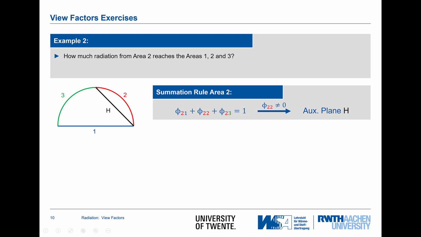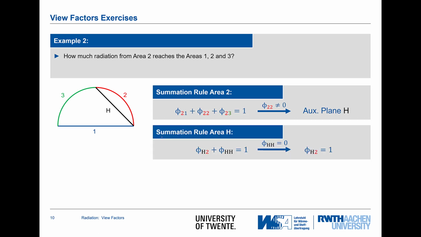That auxiliary plane goes here, and it's drawn in a way that all the radiation from 2 hits that auxiliary plane. No, that's wrong. All radiation from the auxiliary plane hits 2, because some of the radiation from 2 hits itself, and that makes this view factor calculation a little bit difficult.